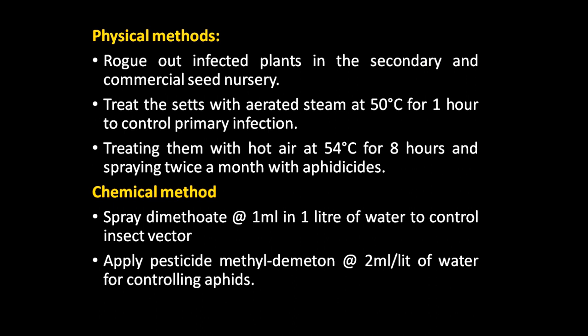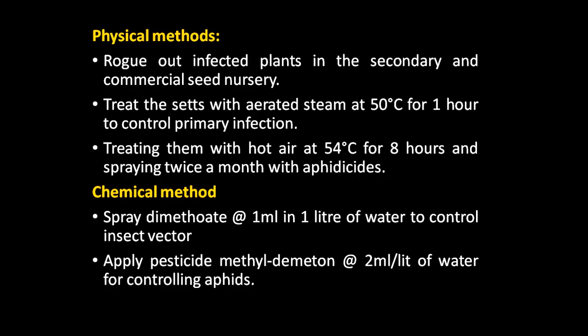Roguing means the identification of infected plants from the field and removal of the infected plants. Simply it is called roguing. That is the best way. In the preliminary stages we can avoid the spreading of the pathogenic organisms to other healthy plants.